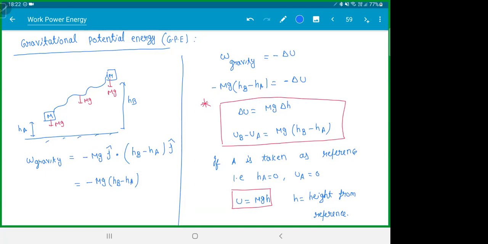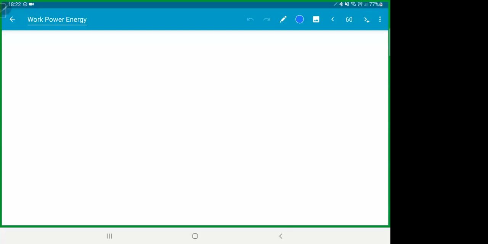Clear with this? So now if I ask you a question. If I have a block here of mass m at height h, what is the potential energy of the block?